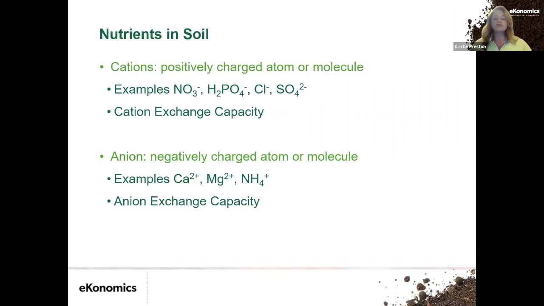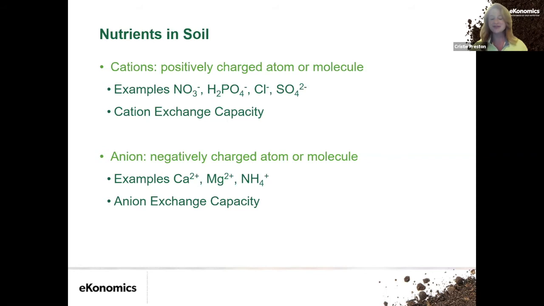So to start with, nutrients are present in soil as either cations or anions, and that just means what charge they have. So cations are positively charged atoms or molecules, and some of the pretty common examples of these are nitrate, which is the NO3 minus, and I completely switched those up.